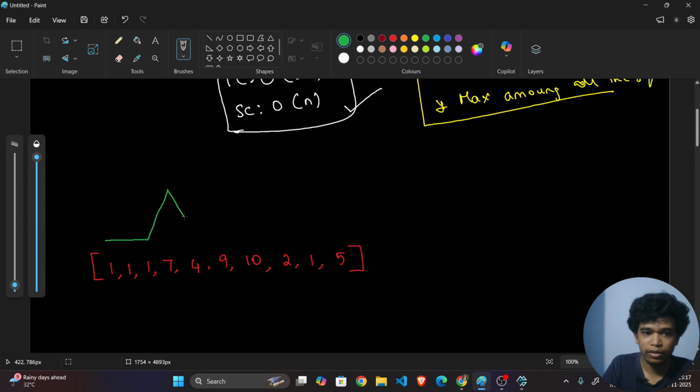Again 9 means the graph will go up. Now 10, so here 9, and again 10 means it will go to the top. Now 2 means it will go down, something like here. The graph is not perfect, but still I want to draw this. Now again it is 1, so it comes down.